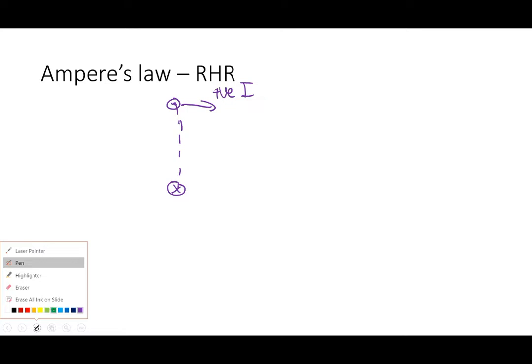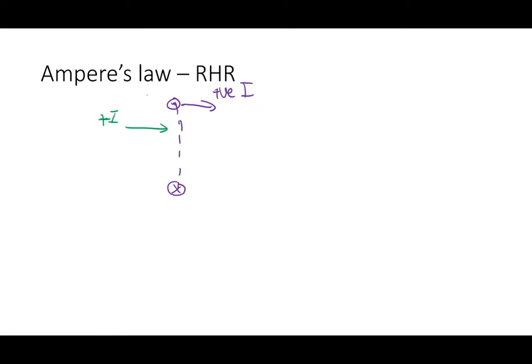So any current that goes to the right we call positive I, but it can be at an angle. That's positive I. And anything that goes through the other way, we'll call a negative current. Those are all negative currents. So that's how we incorporate the direction with Ampere's law as well.